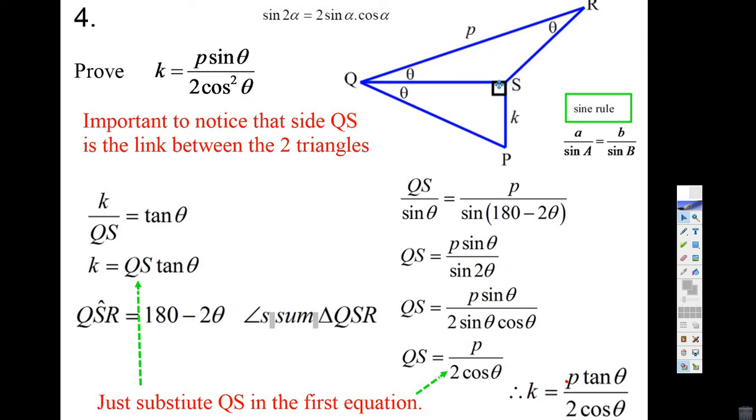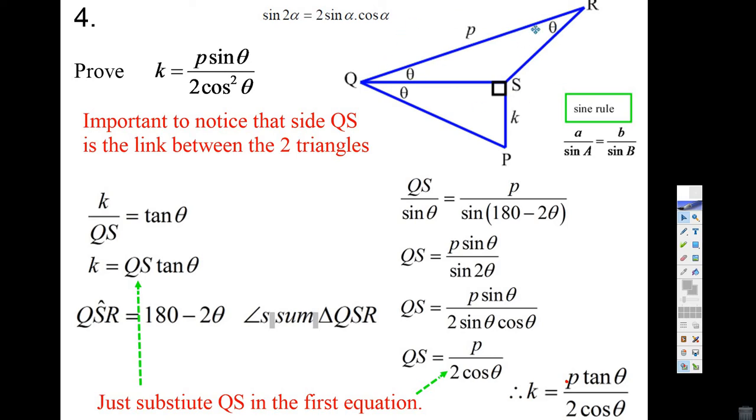The law of sines says that QS goes with this angle theta here, so we can go QS over sine theta. Well, it will equal P, but we don't know what this angle QSR is. But all we have to do, because we know these two angles are theta plus theta, they add up to 2 theta.